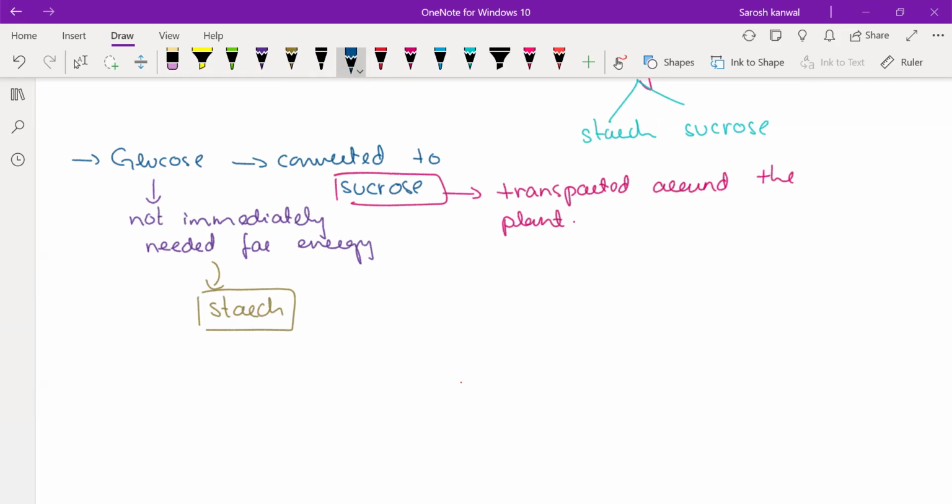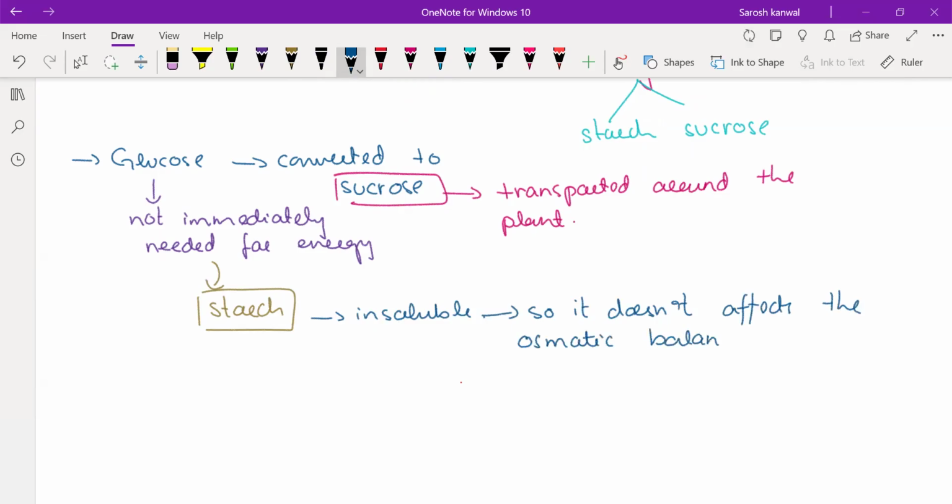So the reason is that starch is insoluble, right? As it is insoluble, it doesn't affect the osmotic balance of the cells, right?